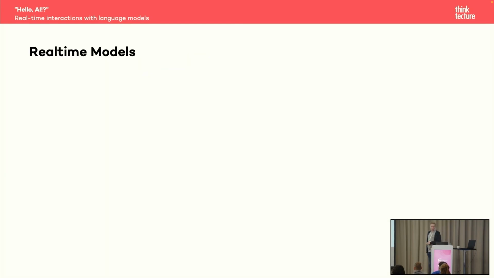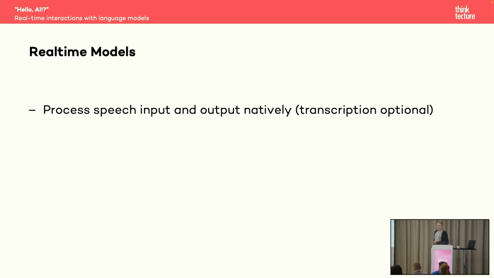Okay, so real-time models. The cool thing about them is that they process speech input and output natively. That means they understand voice directly. There's no transcription needed. We directly use waveform input as input for the AI model.